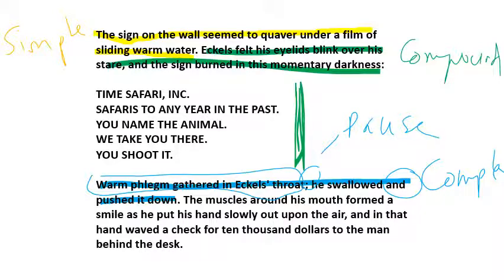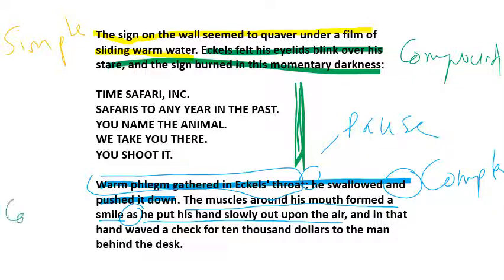This part of the sentence we can see is a complex sentence because it has the independent clause, "the muscles around his mouth formed a smile," and then it's combined with "he put his hand slowly out upon the air." So we have the "as" joining those two phrases together.